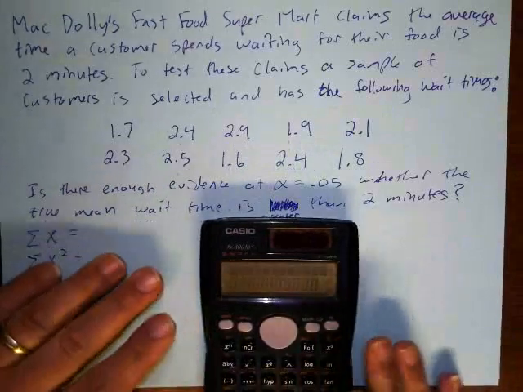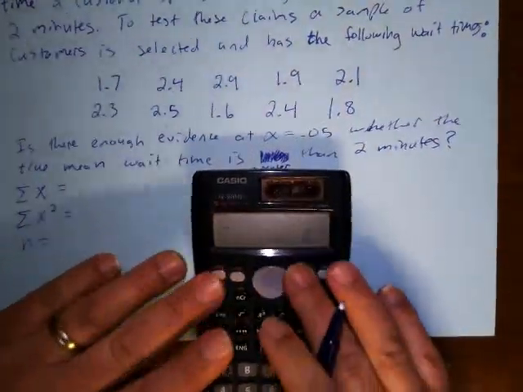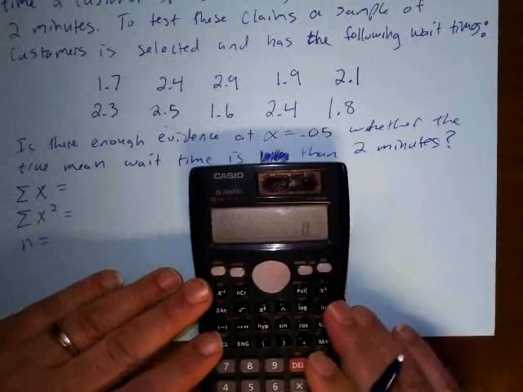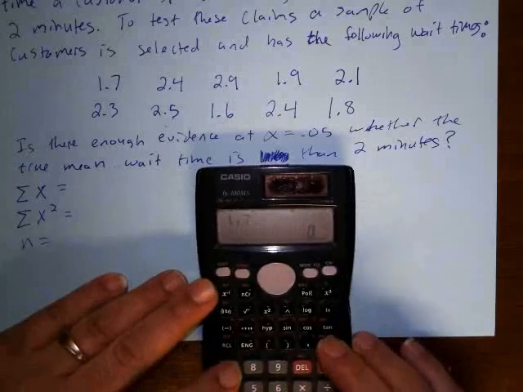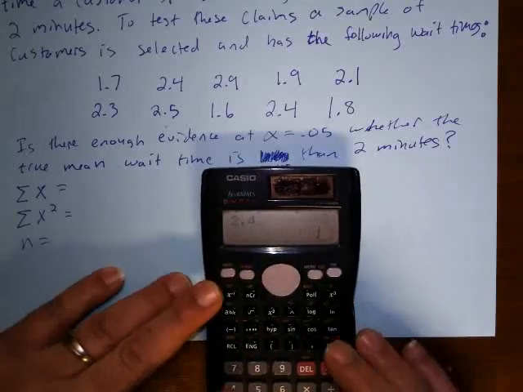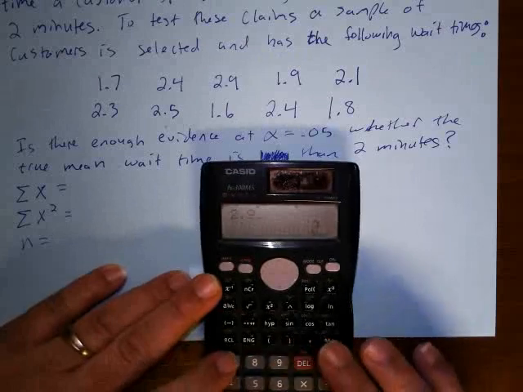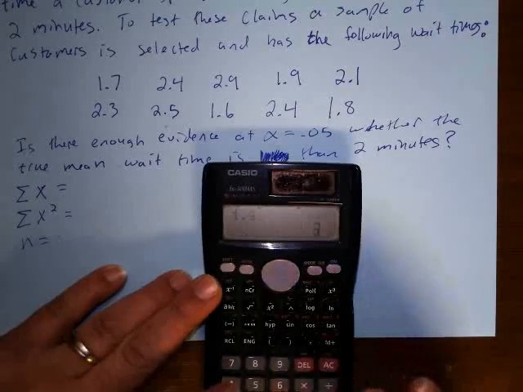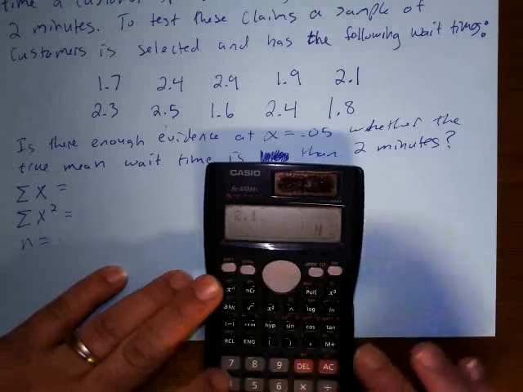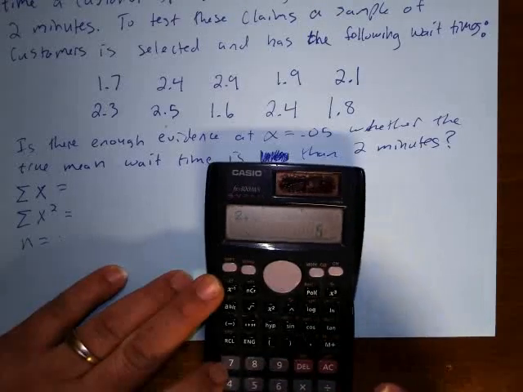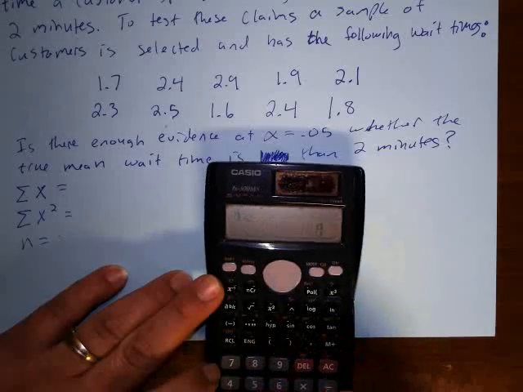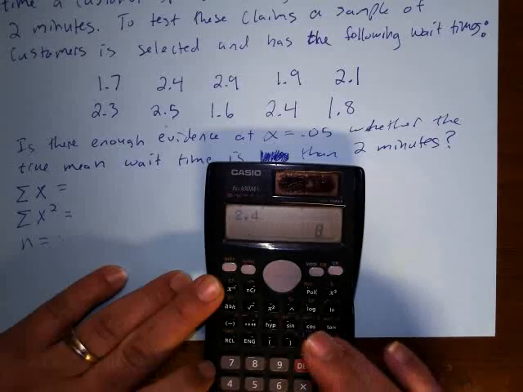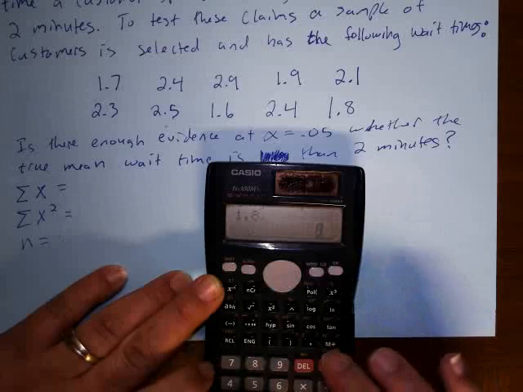Okay, I'm going to use my calculator to get these sums here. So mode 2, so 1.7 M plus 2.4 M plus 2.9 M plus 1.9 M plus 2.1 M plus 2.3 M plus 2.5 M plus 1.6 M plus 2.4 M plus 1.8 M plus.